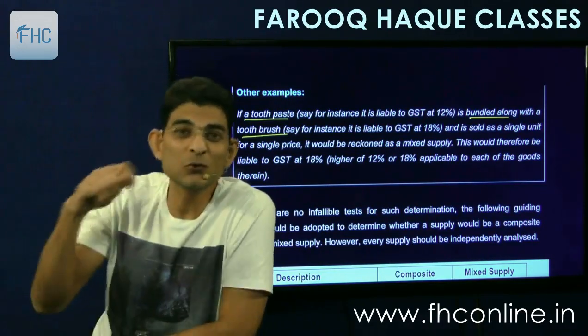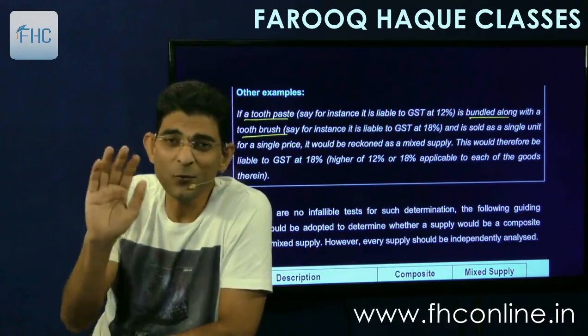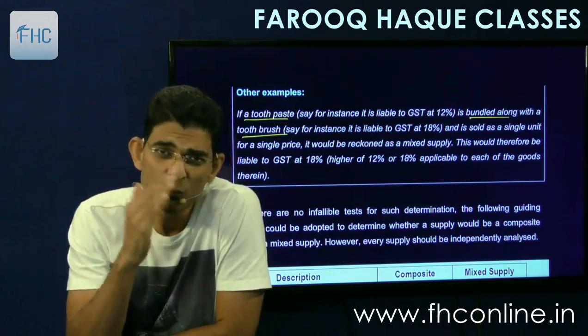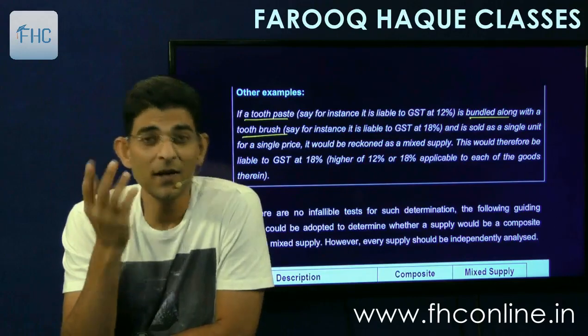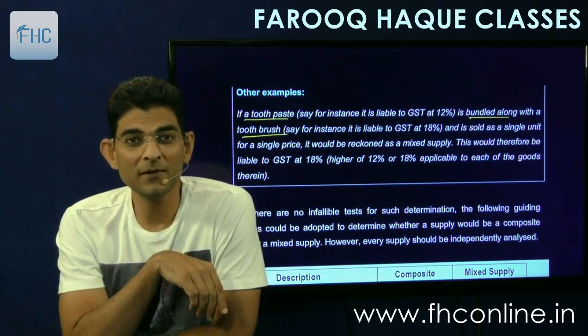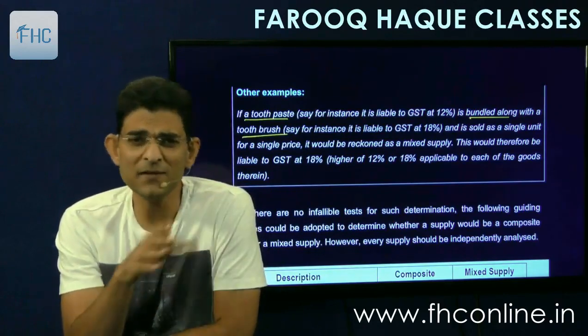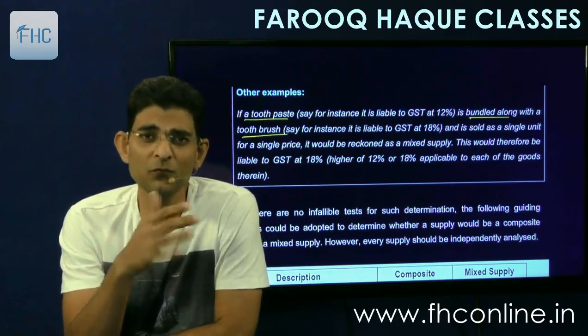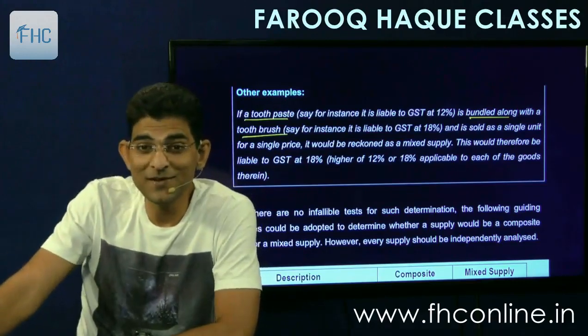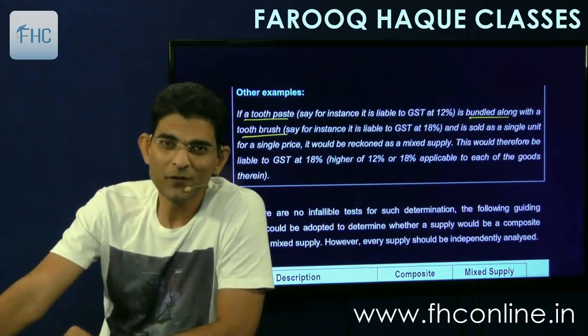They are used together, but they are not sold together. As far as sellability is concerned, they are two very different things. Otherwise you would say that shirt and pant are also complementing. No, shirt is shirt and pant is pant. Though they are both worn by a person at the same time, but that doesn't mean that they are interdependent. No, they are not.